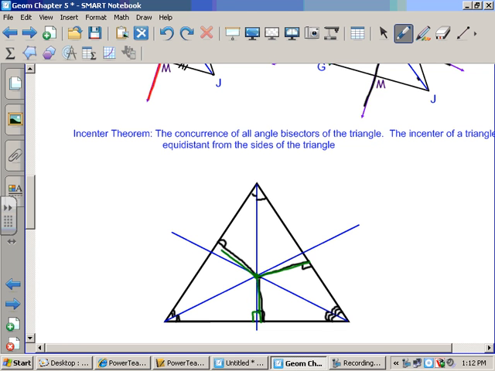Okay? No, I didn't do a very good job on this. Is equal. So once I find the incenter, if I draw a line from the incenter perpendicular to the sides, they are all equal. Right?